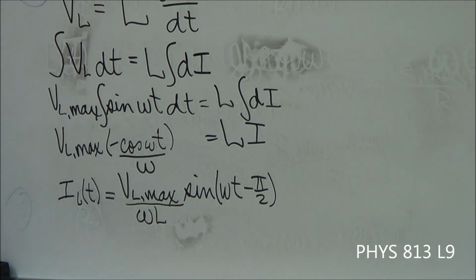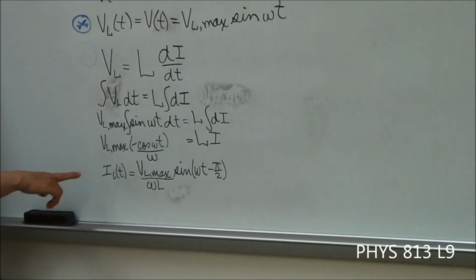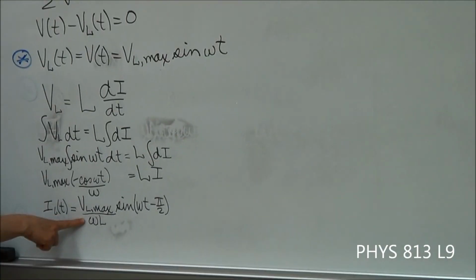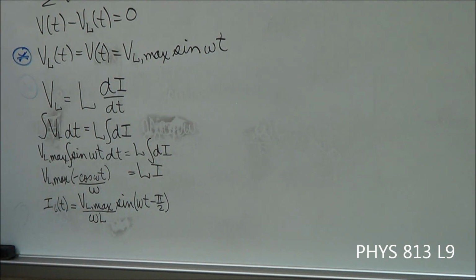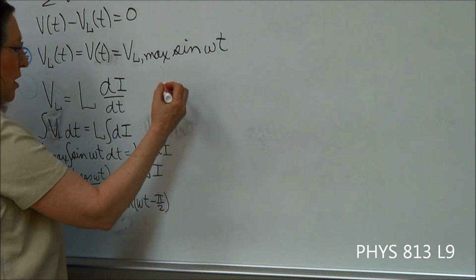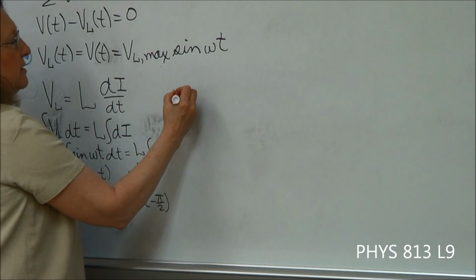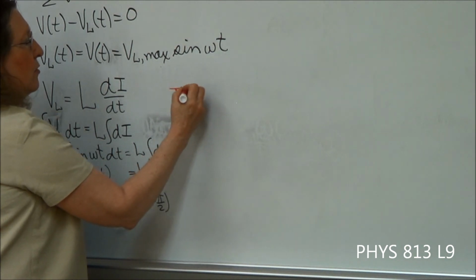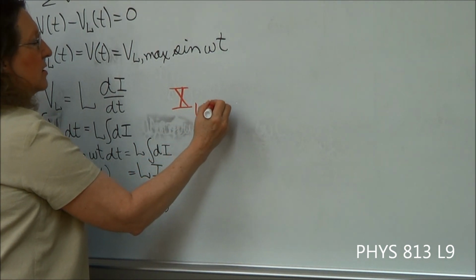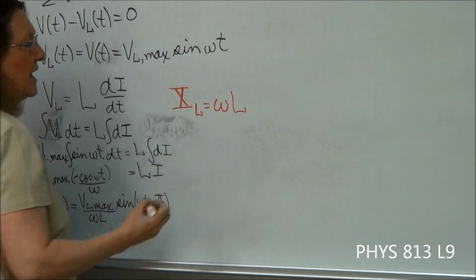And to make this look like the equation with the resistor, we had resistance in the denominator. And for the capacitor, we did omega C equals 1 over. So what we need now is to define a reactance for the inductor. So I've got a lot more space here than I had before. So the reactance for the inductor is omega L.